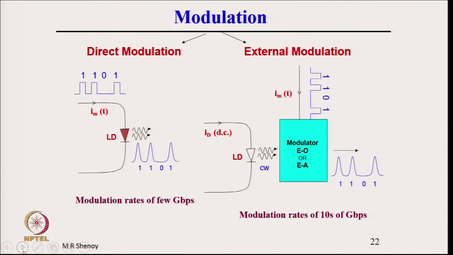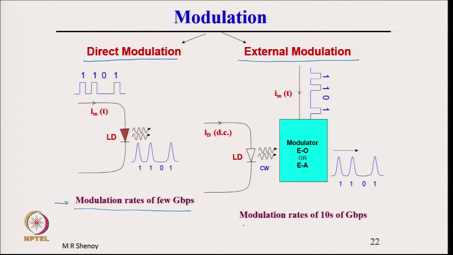So, this we had discussed earlier that the modulation has two methods, one is called direct modulation and another is called external modulation. In the case of direct modulation, the laser diode is directly modulated by a current signal which is riding on the bias, and corresponding to ones and zeros, the laser diode would give pulses, and the modulation rates can be few gigabits per second by direct modulation. As I mentioned earlier, no other laser can be modulated directly at this kind of speeds.